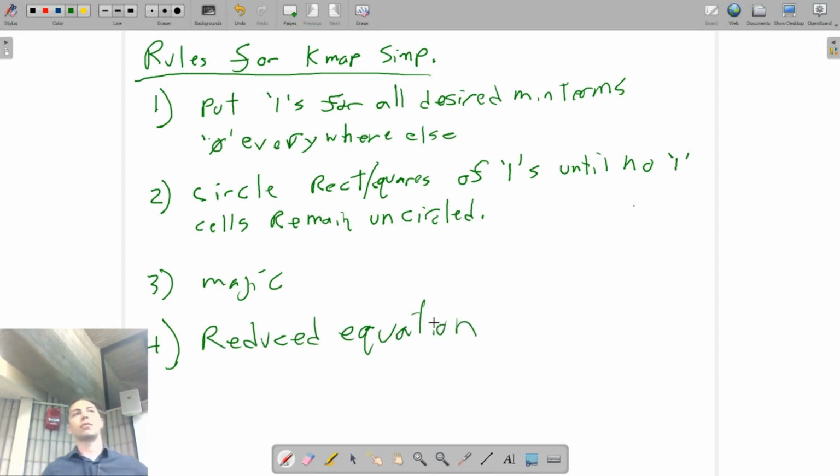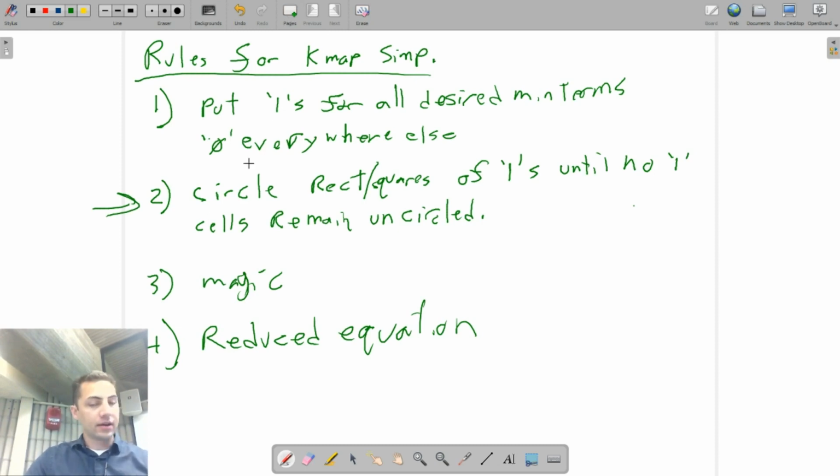And then you have your reduced equation. Well, except for this one little piece. Today, that's where we're going. The magic to get from a bunch of circles to a reduced equation.